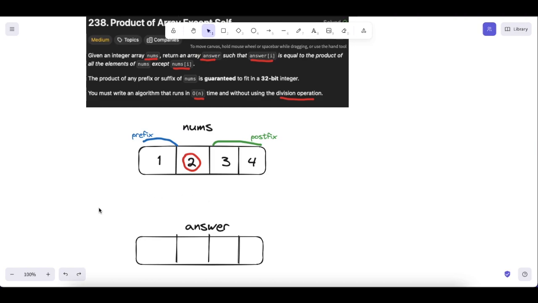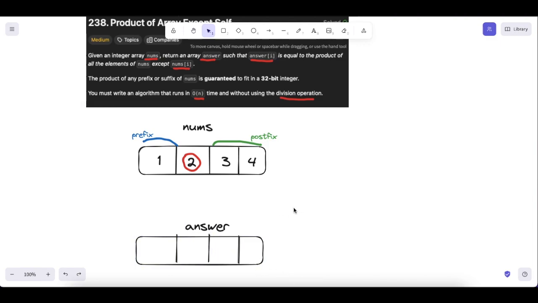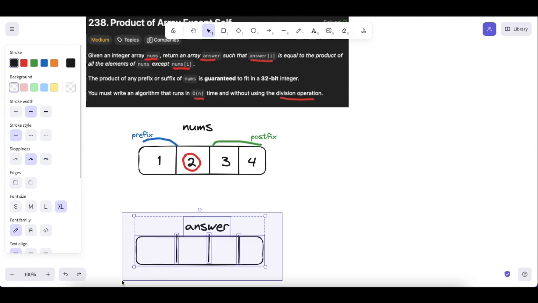The first time we iterate through, we add all of the prefix results to our answer array, and then we iterate a second time over this nums array, and multiply the postfixes into the already existing numbers in the answer array, to get our final answer.